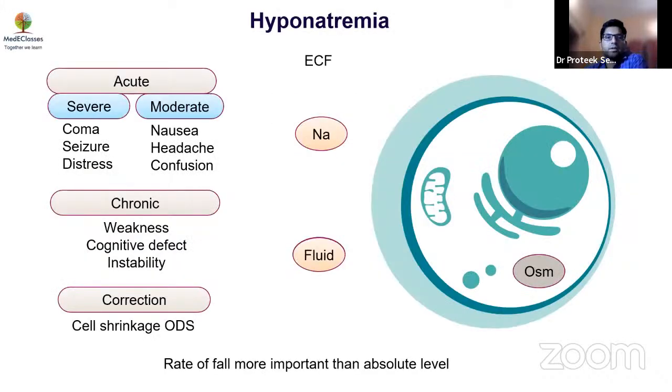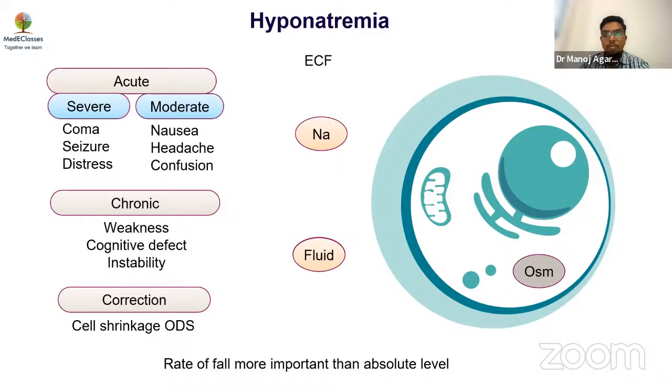Yeah, another very important question. So again, hyponatremia depends on when the child has presented and what the sodium level is. But the most important bit is what was the rate of fall. That is much more important than the absolute level. Students must have seen many patients where acute hyponatremia can be either severe or moderate.